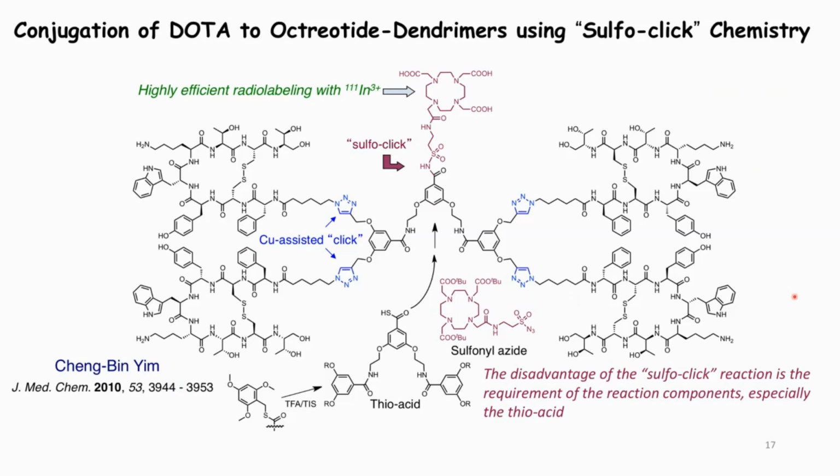But of course, as always, there was a disadvantage of the sulfo-click reaction. And that was still the requirement of the reaction components, especially the thio acid, because the thio acid can be oxidized, and then there's not sufficient present, etc. So that made us realize that we had to move in a slightly different direction.